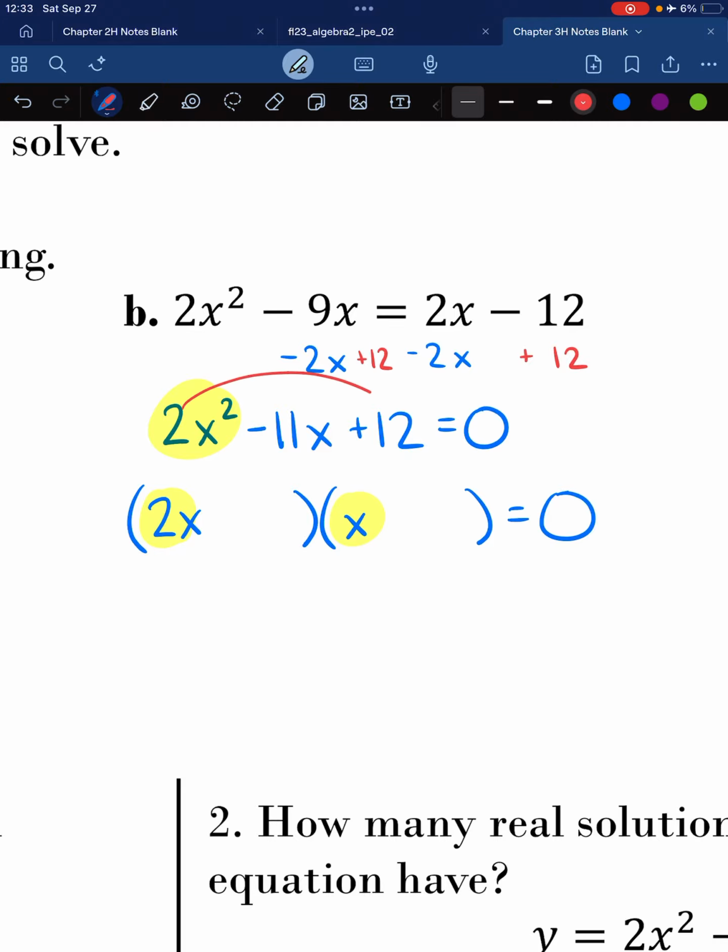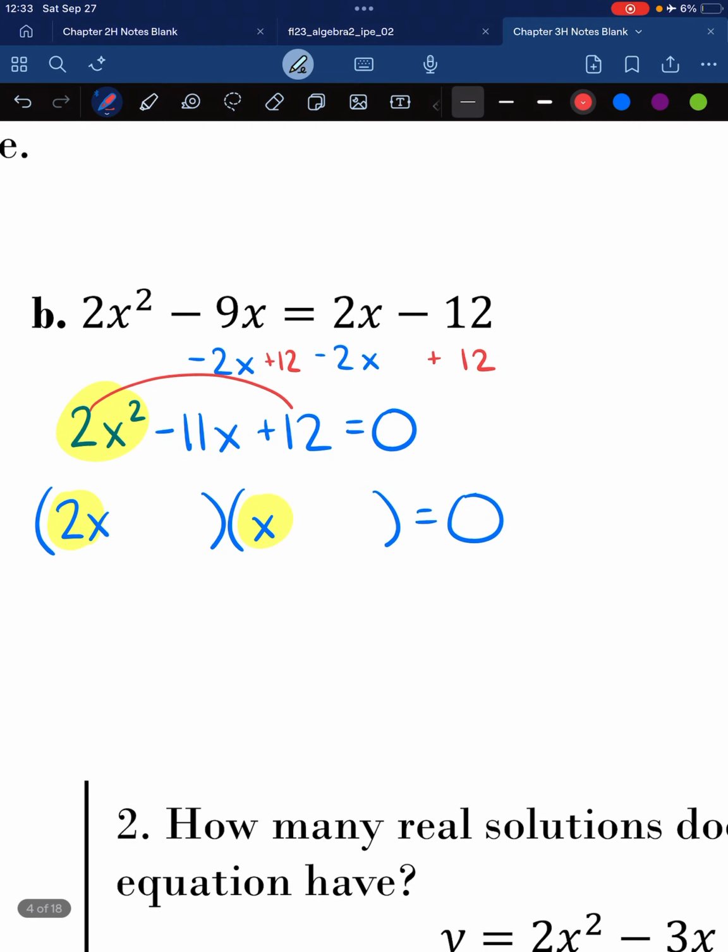Okay, and remember here we're looking for factors of 24 that are going to combine to 11 or -11. So 1 and 24, 2 and 12, close but no, 3 and 8, that looks like our winner. Okay, so how do I get 3 and 8?